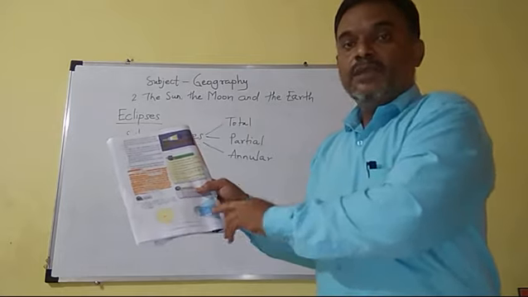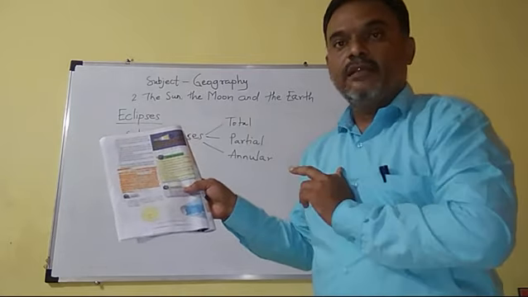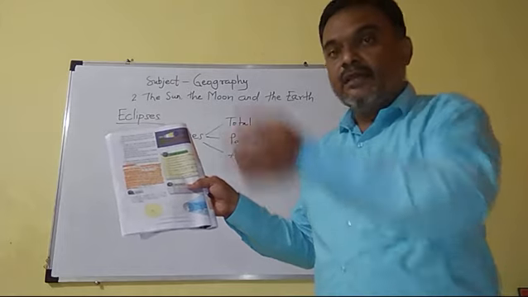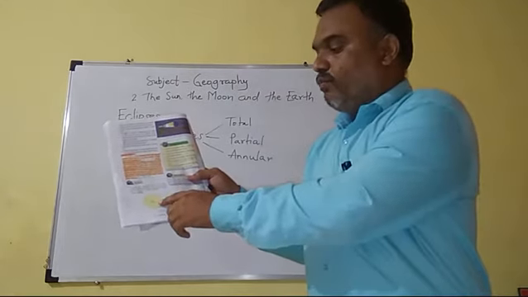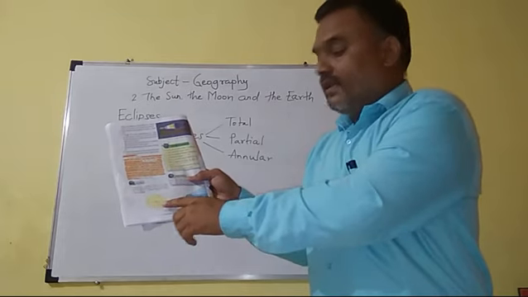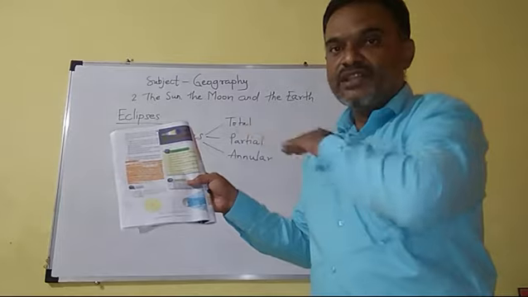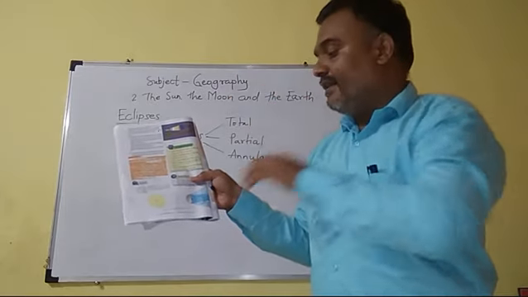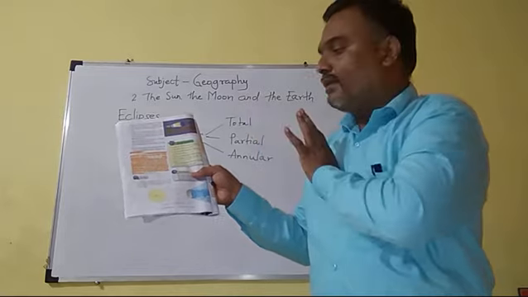At that time the moon enters the dark shadow of the earth in its orbit of revolution.